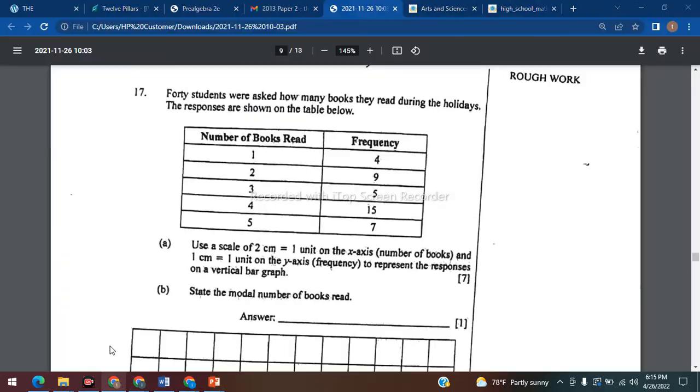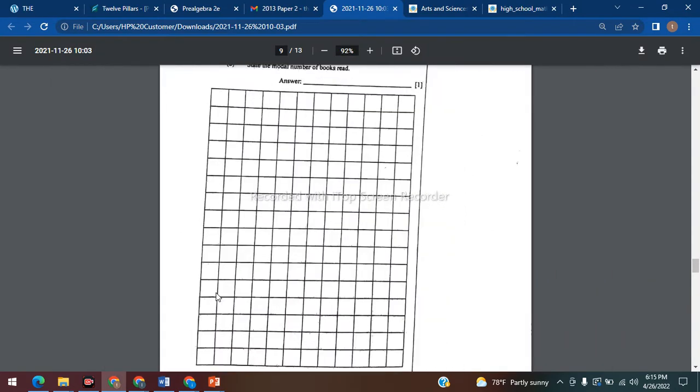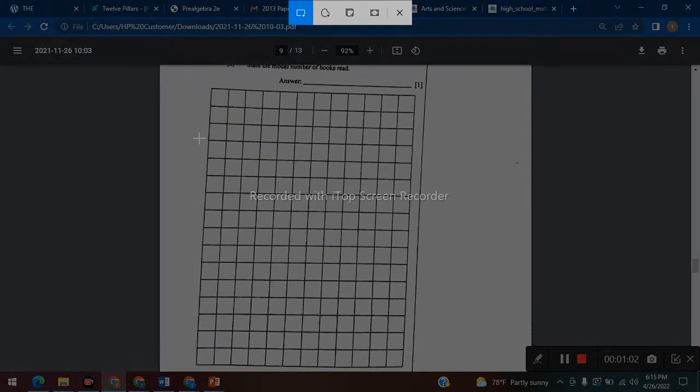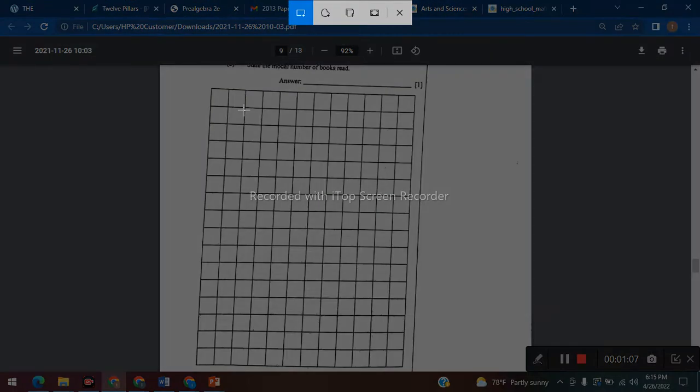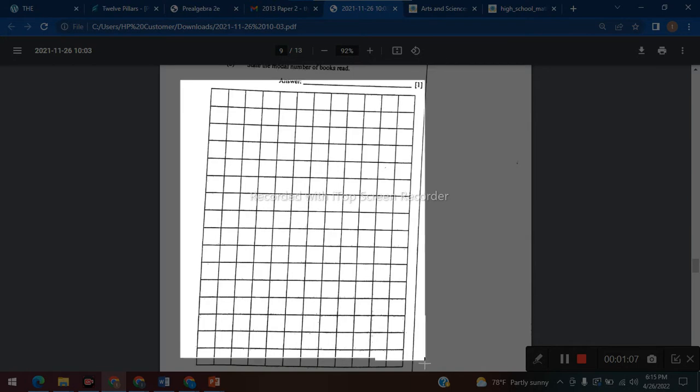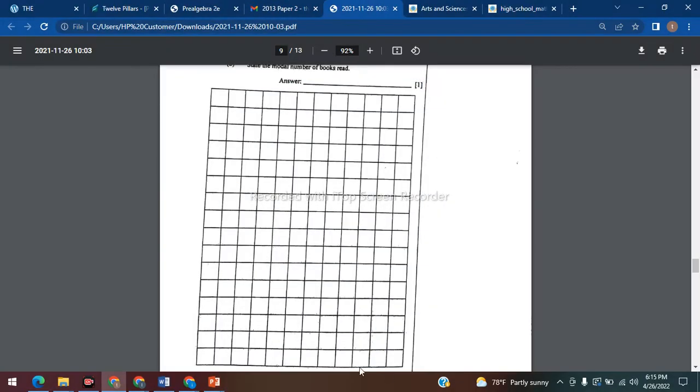So let me get the graph first. It's a little graph that they give us. Kind of bent, but it still works. Voila.